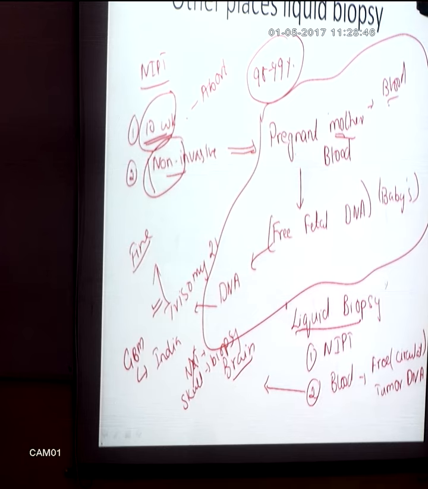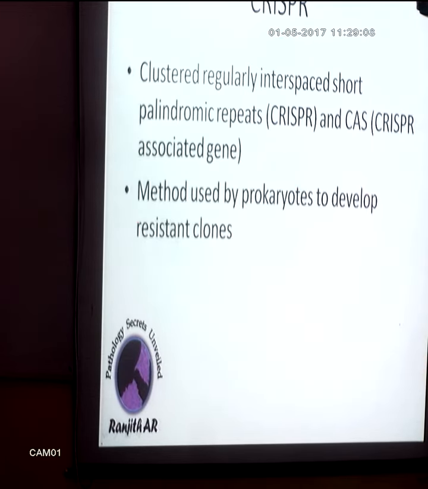It comes under an umbrella term called liquid biopsy, which can be used to diagnose inaccessible tumors like brain tumors. I don't need to take a brain biopsy for diagnosis. I can just take the blood, see the circulating tumor DNA, and say whether the patient is having GBM or medulloblastoma or not. This is a new concept altogether. This is even more amazing. This was actually discovered in 2015 or 2016, and this has also been introduced in Robbins 10th.